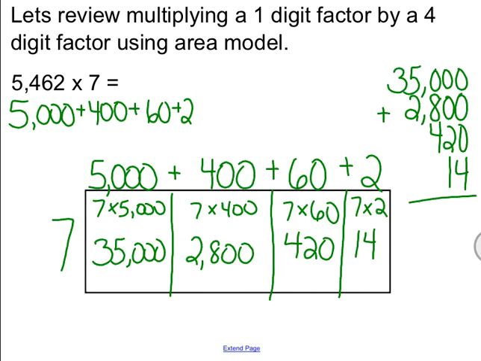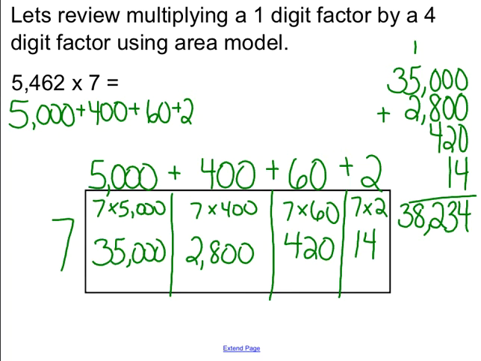Okay, and we add those up. We have 4, 3, 8 and 4 is 12. So put the 2, carry the 1. 5 and 1 is 6, plus 2 is 8. And then 3 plus nothing is 3. So I have 38,234. That is a 1 by 4 using area model.